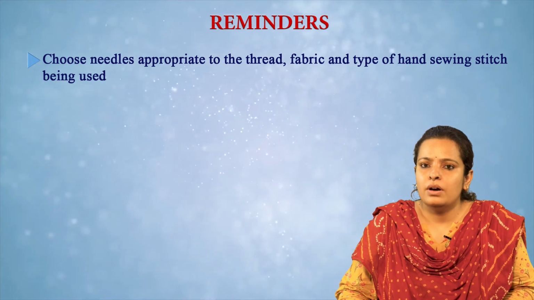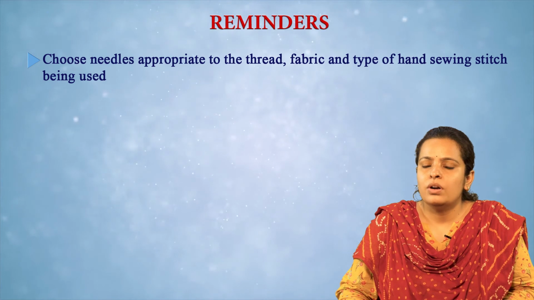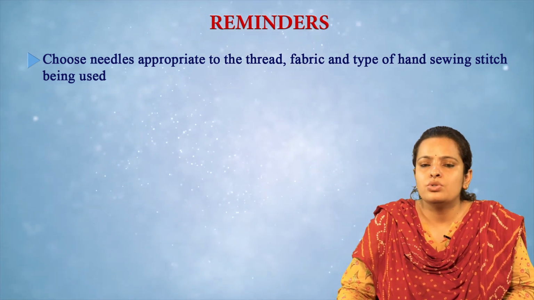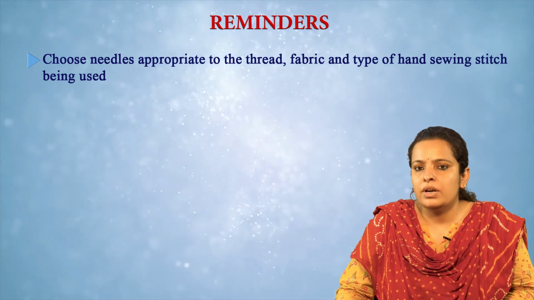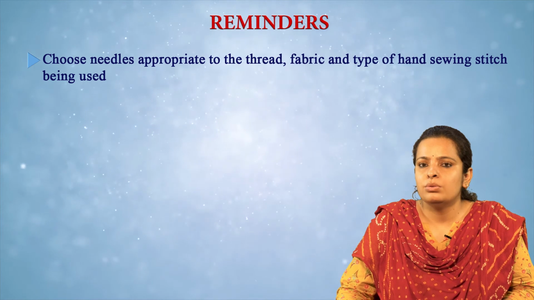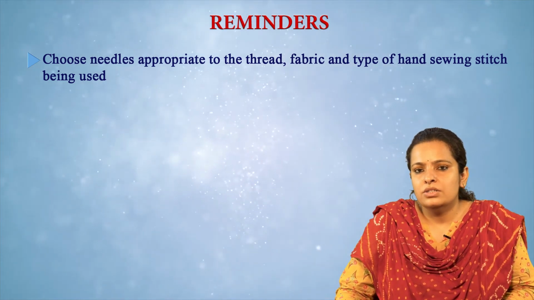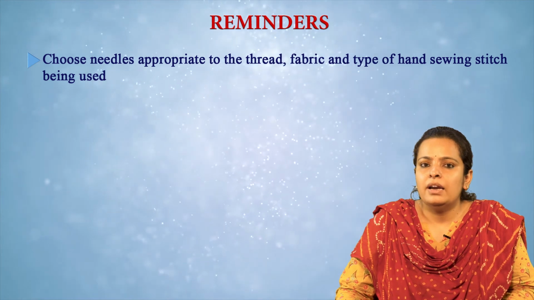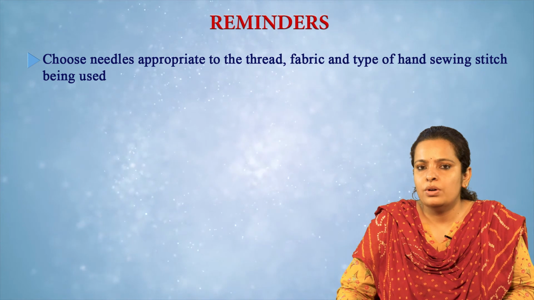If we want to create a herringbone or the catch stitch, you should know for which type of fabric the catch stitch is suitable. You can identify the fabric, and according to that you can identify the stitch you want to create.